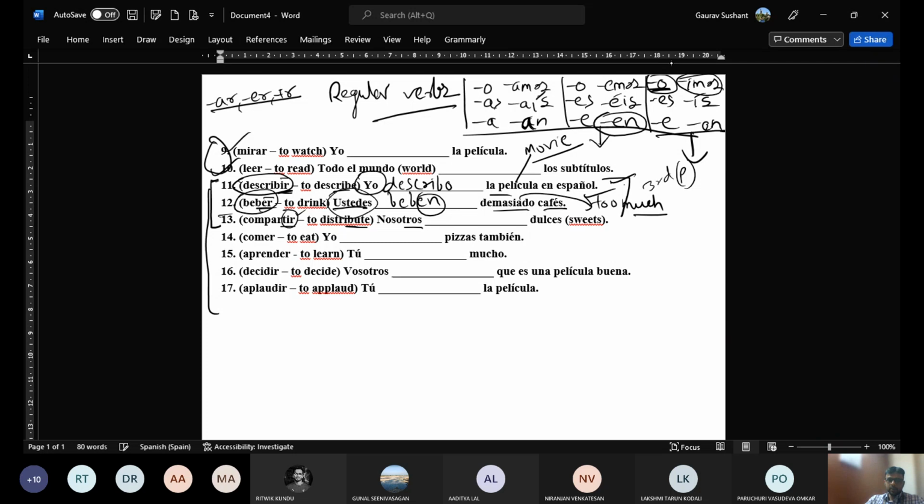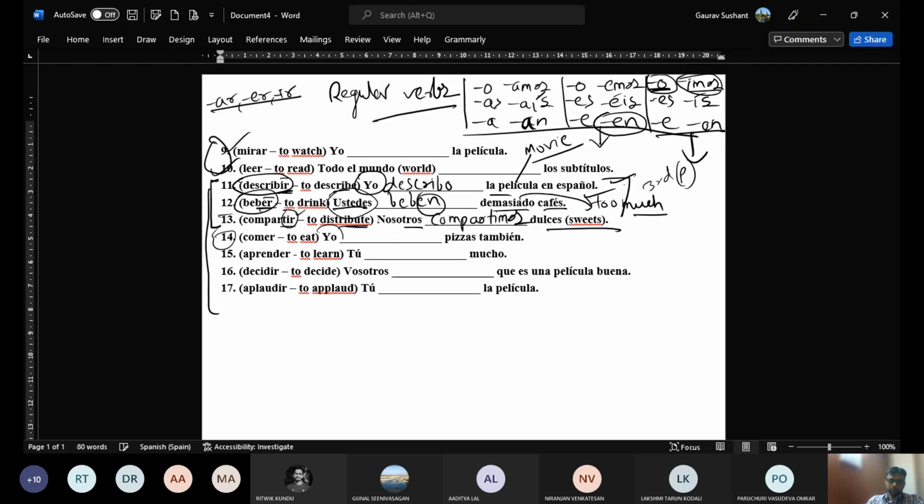I remove the IR, and then I will add this EMOS. So it will be compartimos. Okay, nosotros compartimos dulces. The meaning also, I think you can all very well understand because most of the words are clear. So nosotros is we. Compartir is to share. So we share sweets, dulces.